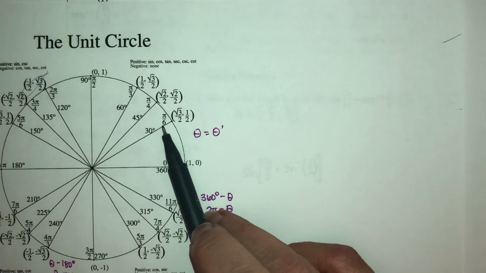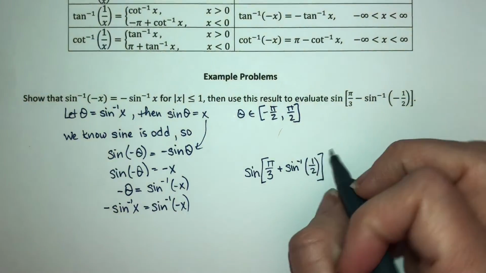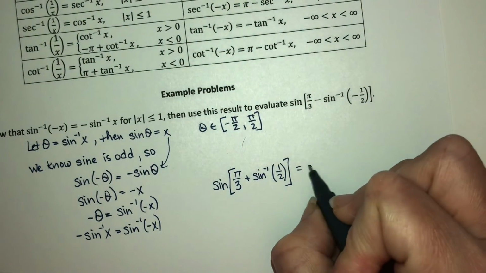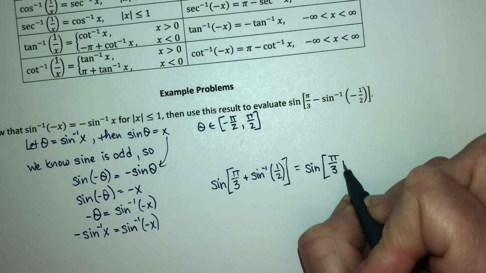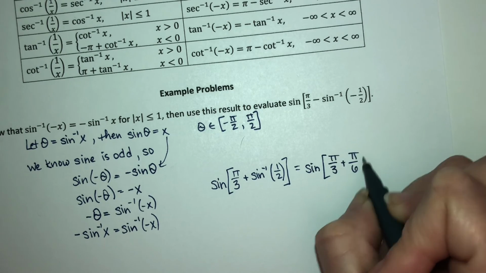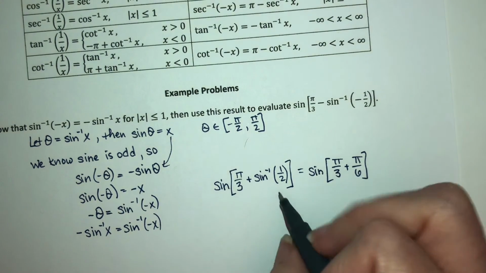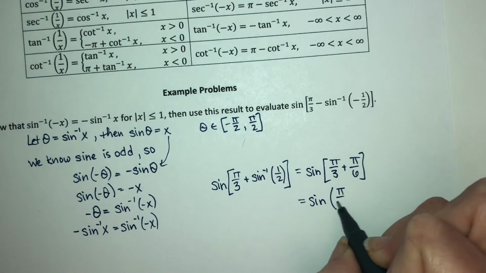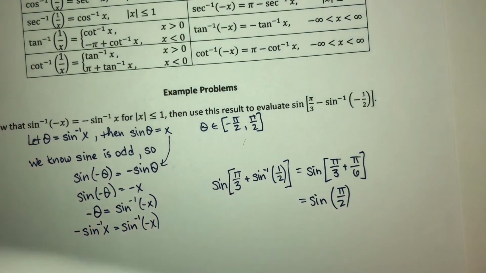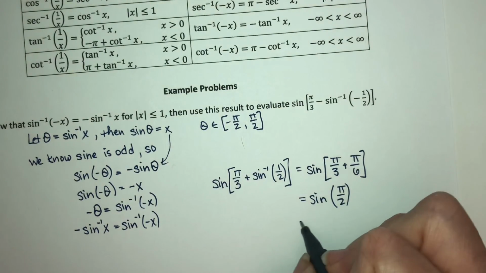Sine is 1/2 at pi over 6. So this is sine of pi over 3 plus pi over 6, and that equals sine of pi over 2. What is sine at pi over 2? It's 1. So this is 1.